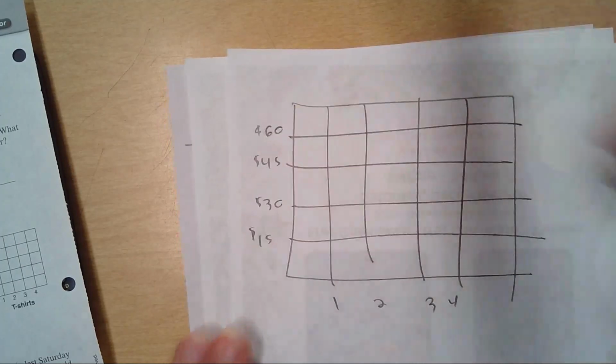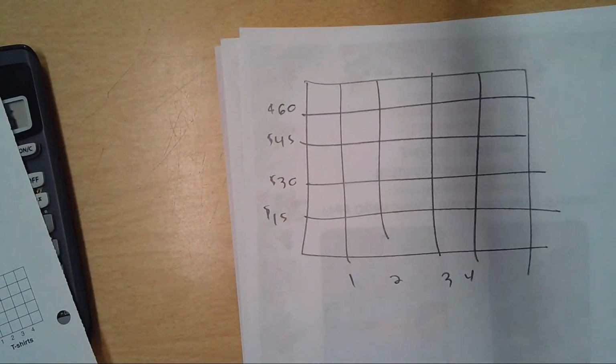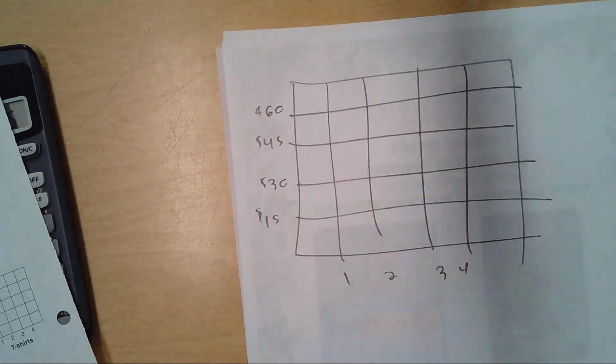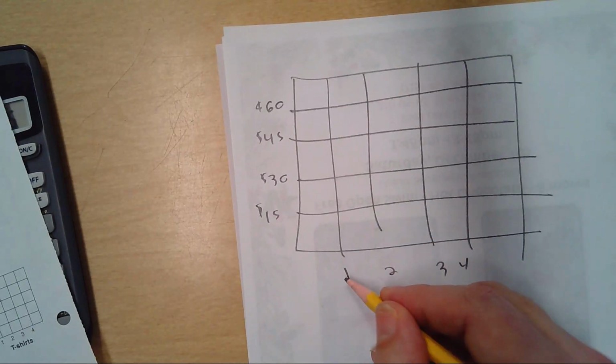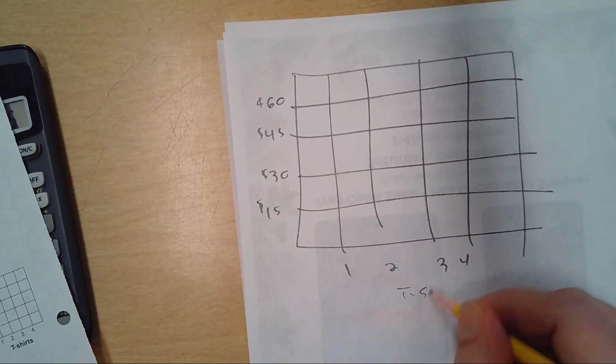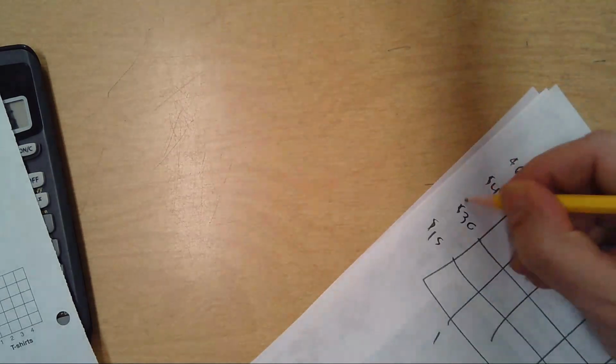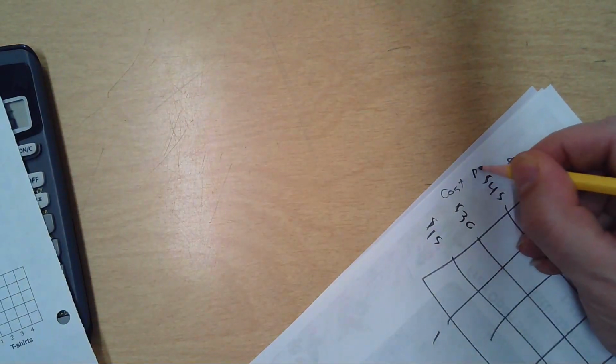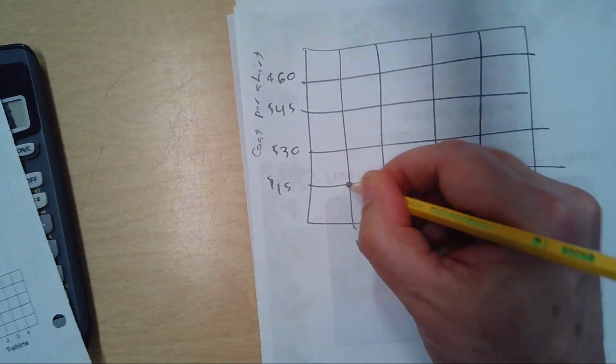Close enough though. You can do this. So they graph out the number one there, and I could graph the X and the Y. One t-shirt down here, t-shirts, cost per shirt. So one t-shirt's $15, right?